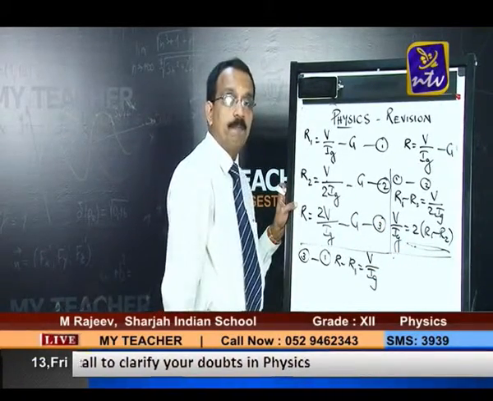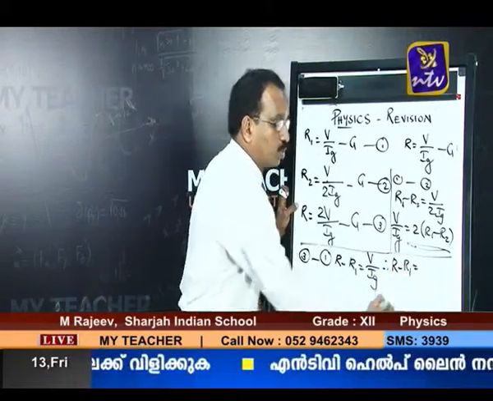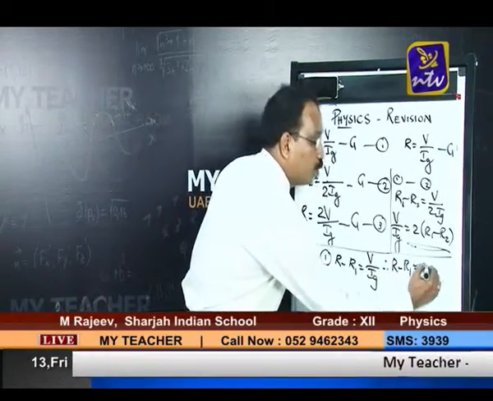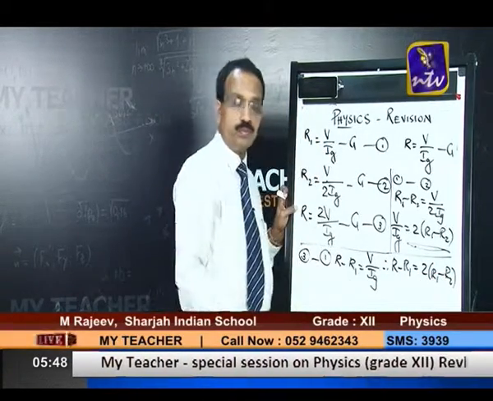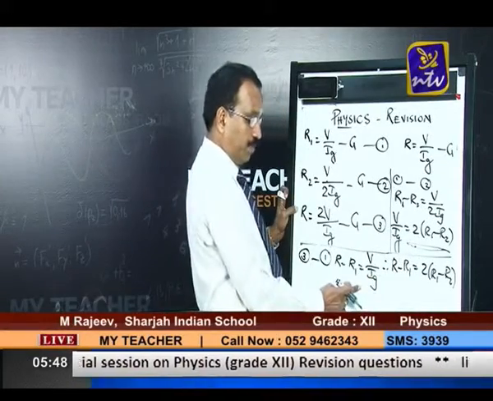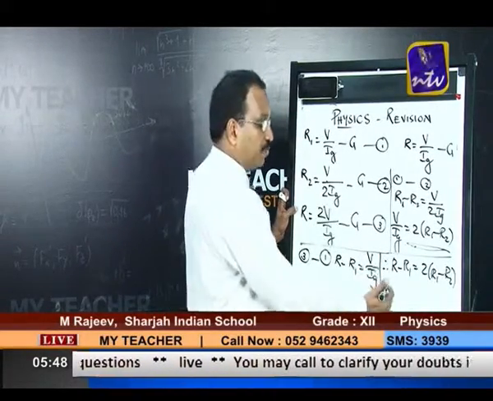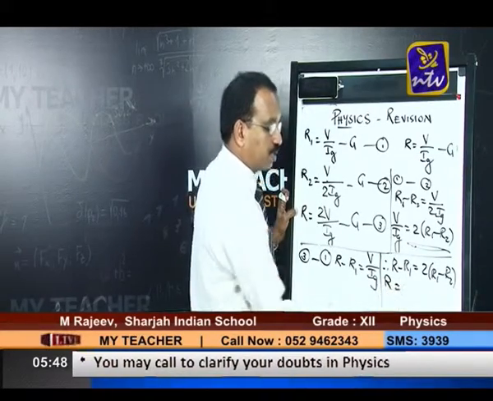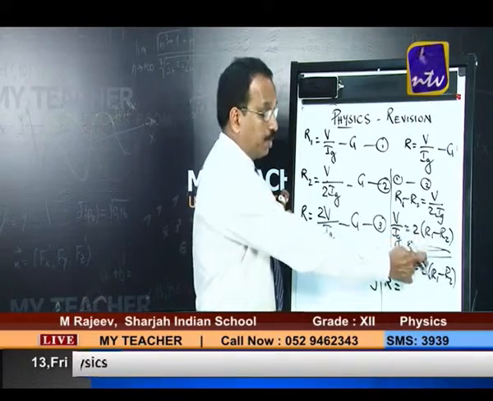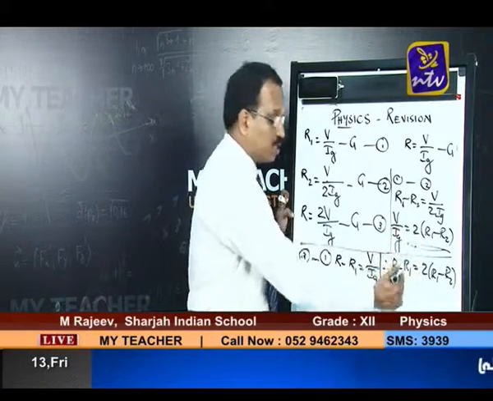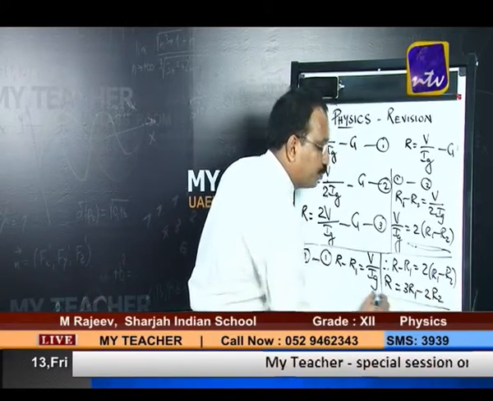So R minus R1 is equal to 2 into R1 minus R2. I substituted for V by Ig here. Therefore, what is R? R is equal to, taking R1 to the other side and removing the bracket, 2R1 plus R1. So that is 3R1 minus 2R2.